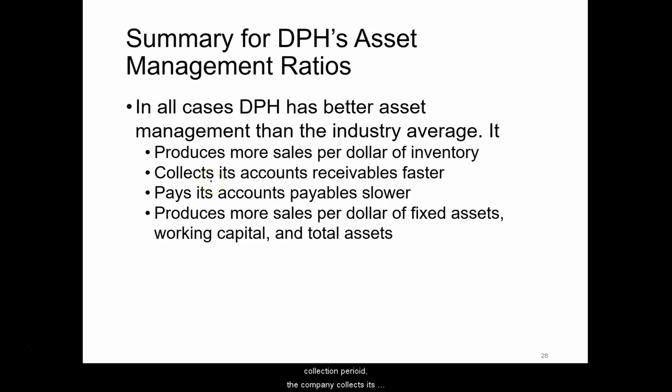Also, based on the average collection period, the company collects its accounts receivable a little bit faster than the industry average, and it pays its accounts payable a little bit slower. And per dollar of fixed assets, the company produced more sales. Also per dollar of working capital and total assets, all those ratios are showing that the company is producing more sales. So overall, good asset management in this company.